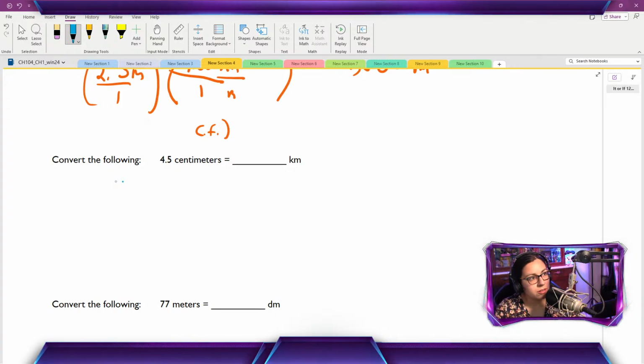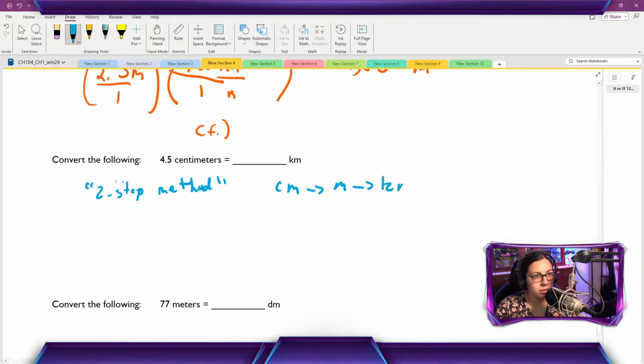All right, so let's start off by what I call our two-step method here. And so that means that we're going to go from centimeters to meters to kilometers. And then we'll do kind of the one step.